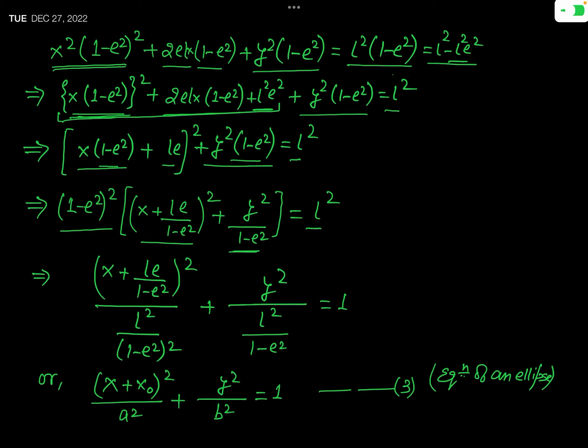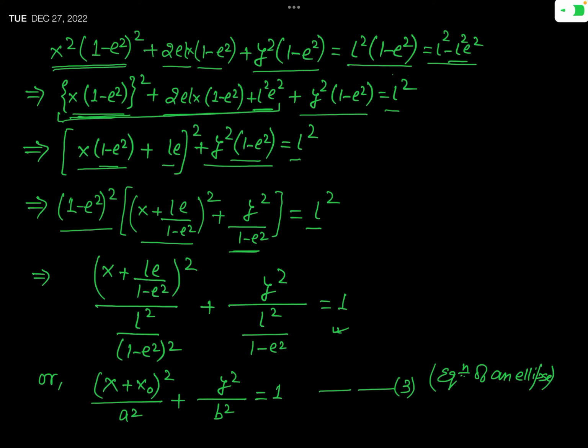Okay. Now we will again rearrange the terms in the LHS and RHS. When you divide this equation both sides by L square, your result will be like this. You can rearrange this. See here, this (1 minus e square) whole square, when it is in multiplication, will be in the numerator. So this equation can be written like this.